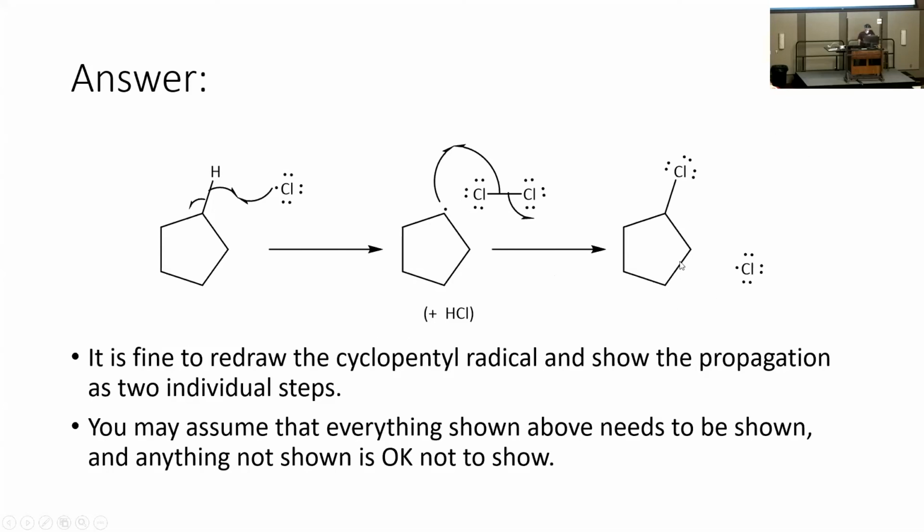That's fine. I have no preference in the matter. I don't care if you draw it all linearly like this and then reuse this structure to get to the second set of structures, or if you want to redraw your alkyl radical and do it that way, totally fine. Use whichever works better for you. So this will be on eCampus for you to look at later.